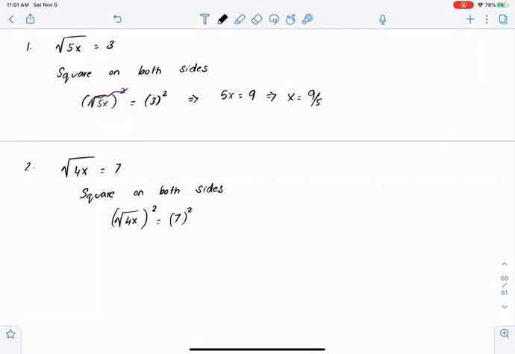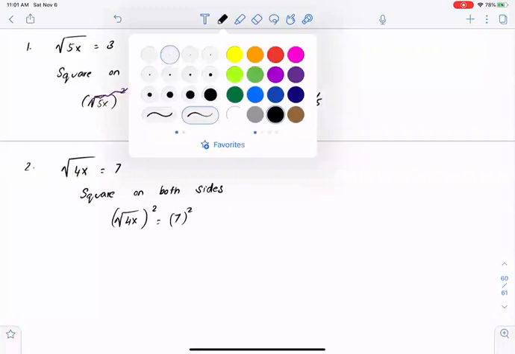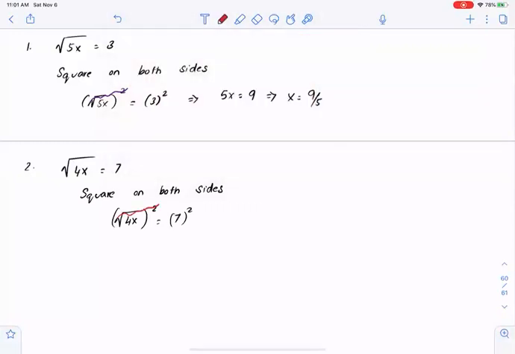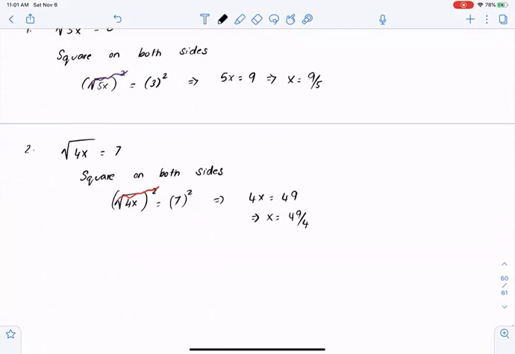So square root of 4x squared would equal 7 squared. The root and the square will get cancelled. So 4x would equal 49, which would mean x is 49 divided by 4.